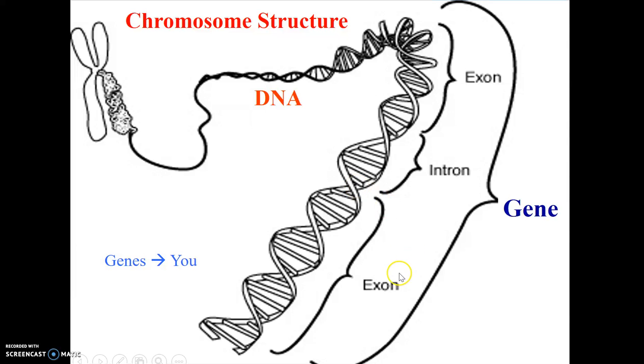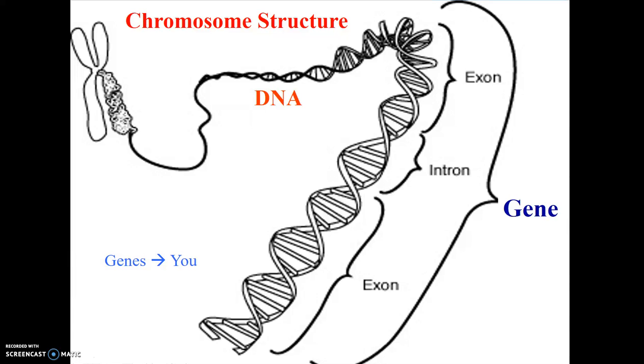I don't want to go into all the detail about introns and exons here, but what I want you to recognize is that this DNA molecule contains thousands of genes written on it. That strand of DNA then can coil up and wrap around specific proteins and create this chromosome structure. At particular spots, or particular locations or loci on this chromosome, you'll find certain genes. And we'll look at that in a little bit here.